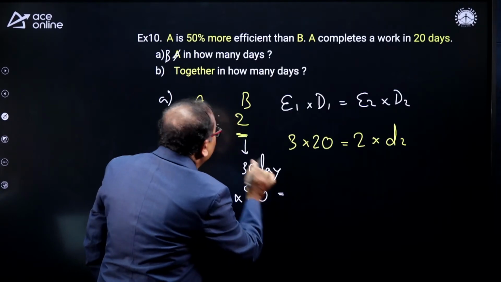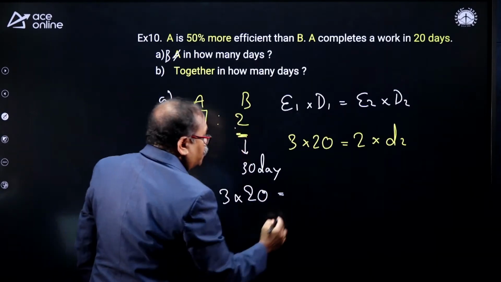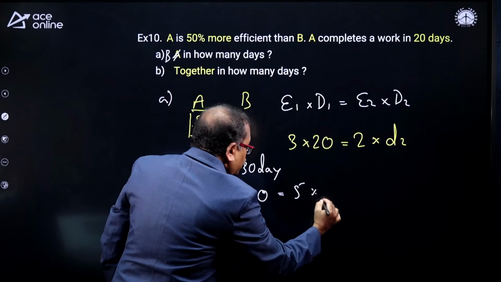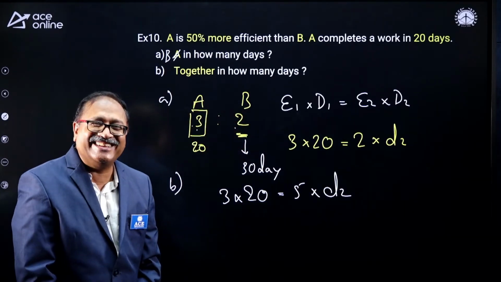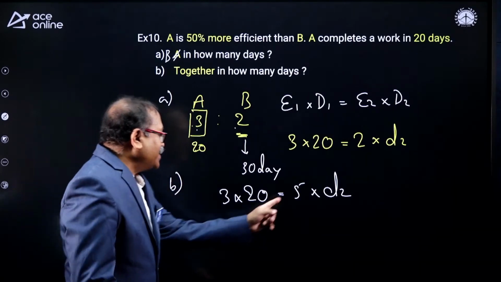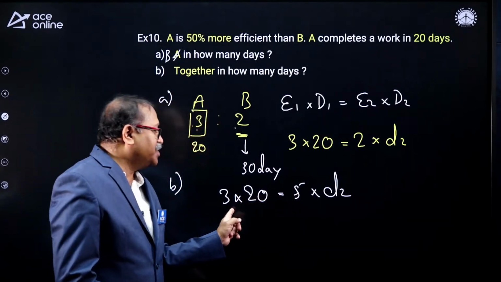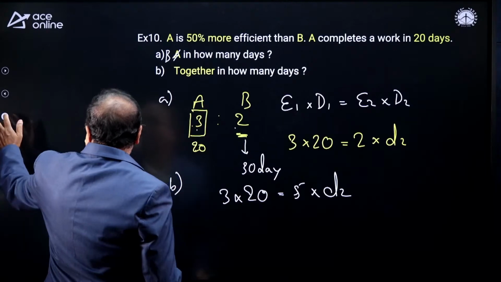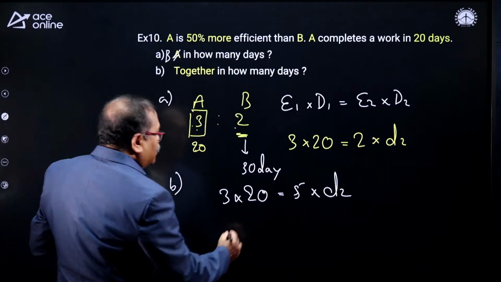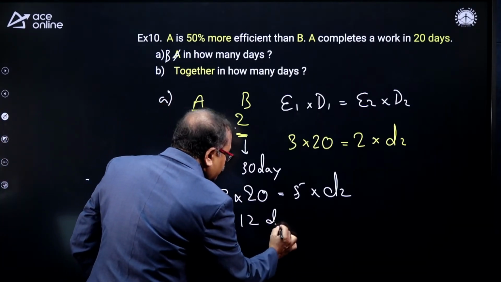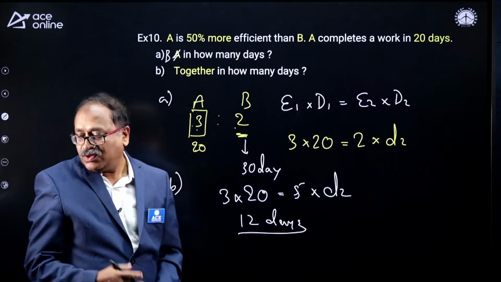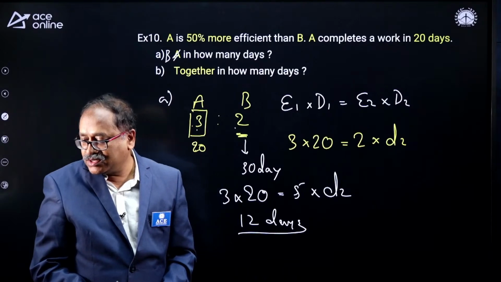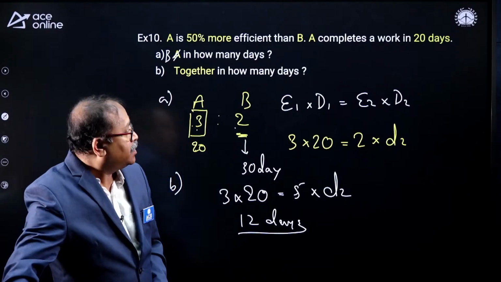When the efficiency is 3 plus 2, which is 5, then what is the number of days? Can you find it out? Try it, my friend. So here it is 4, and 4 into 3, 12. So the work will be completed in 12 days if they work together. If you are understanding it, yeah, that's right, 12 days.